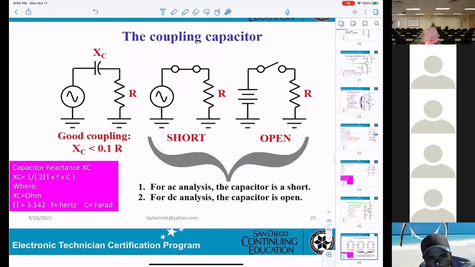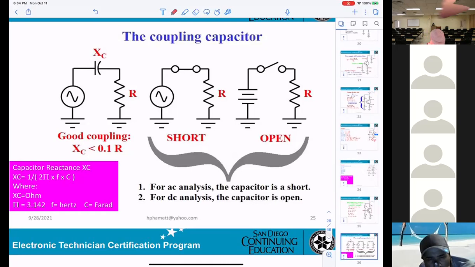Okay, now we're talking about the capacitor.